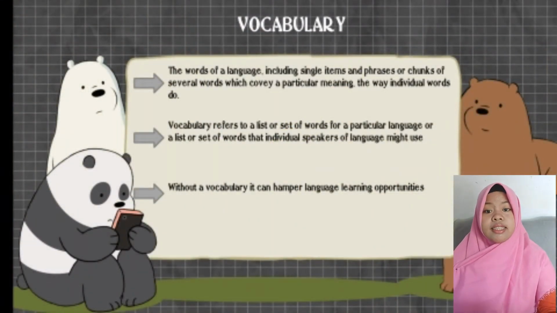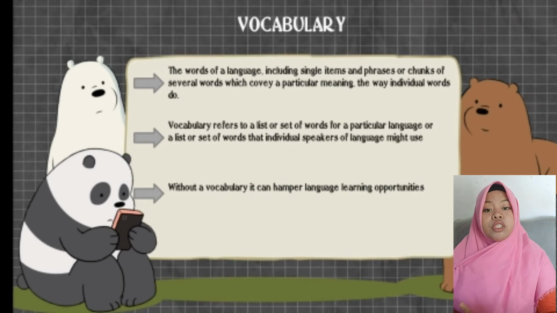Okay, the next aspect is vocabulary. Vocabulary is the words of a language, including single items and phrases or chunks of several words which convey a particular meaning the way individual words do.